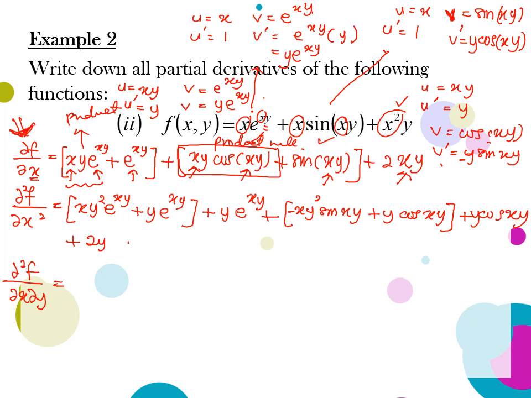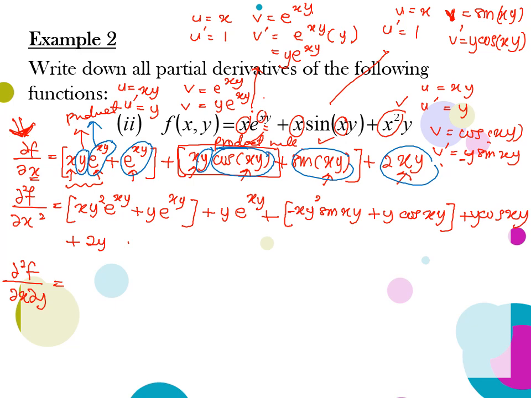You will just look at this and treat the other as a constant. So you have y here and y here, you have y here, you have y here. So this needs to be done using the product rule. This also needs the product rule, and this will become as usual.